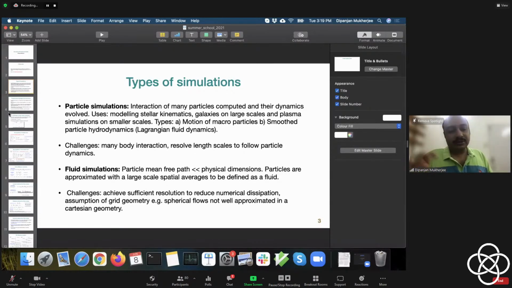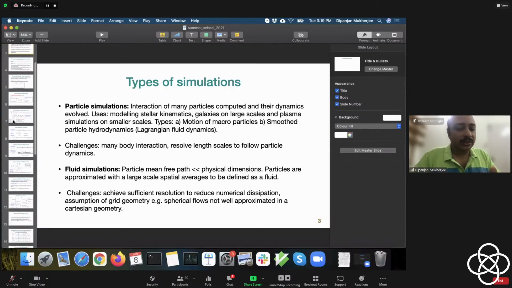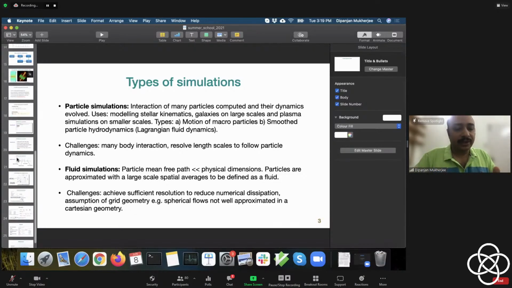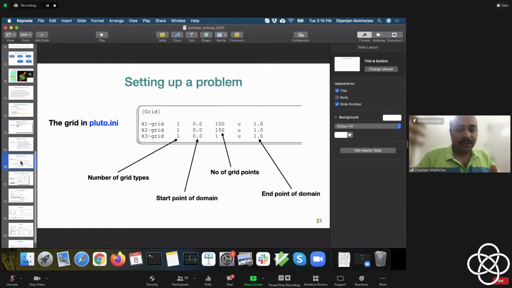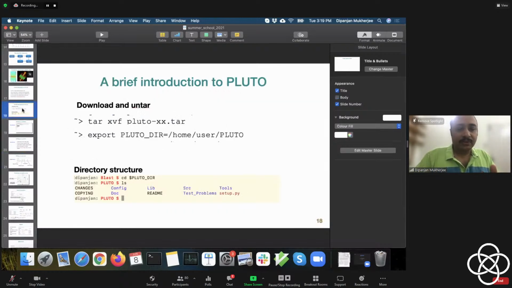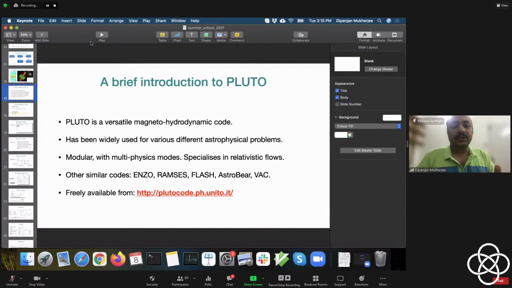So, of course, the particle simulations form a subdomain of the large-scale simulation, and it depends on the problem that you have. So, I will stop the Q&A here and go to the next phase, which I wanted to show. I wanted to briefly give you an overview of this code called Pluto in the remaining 10 to 15 minutes that I have, and take further questions.